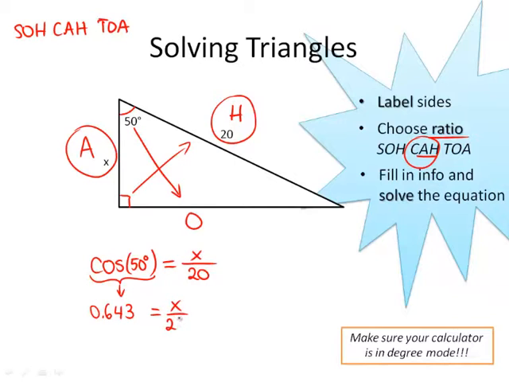And we know that that should equal x over 20. So now we want to solve the equation. Let's get x by itself. We could multiply both sides by 20. And we get 12.855. And let's just round to one decimal place for now. So 12.9 would be our x length.